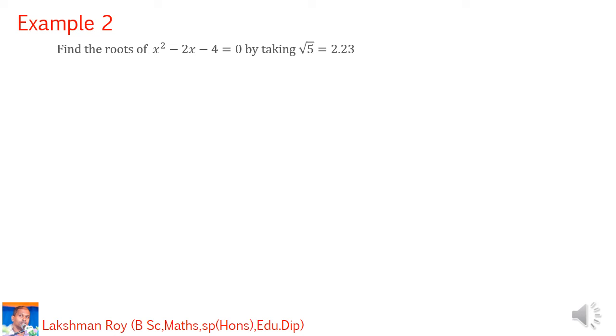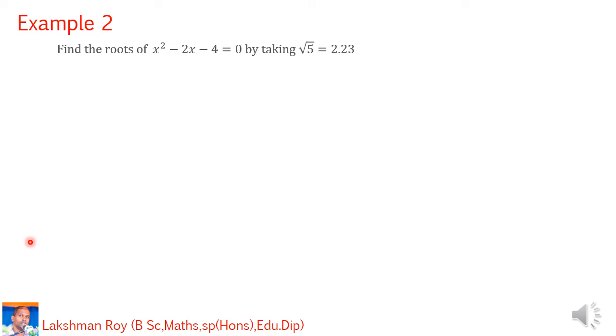Now students, I'll explain another example, right? So this is my second example, students. See, find the roots of x square minus 2x minus 4 equals 0 by taking square root 5 as 2.23, right?